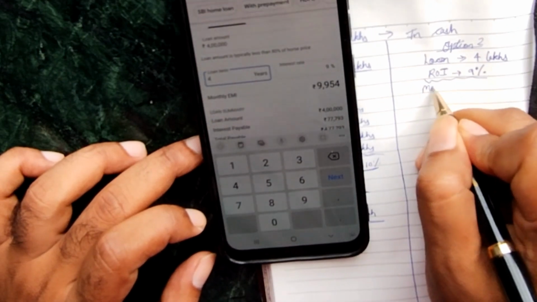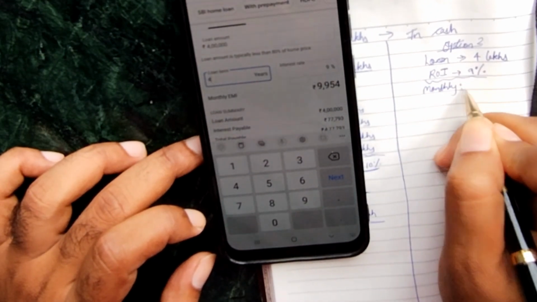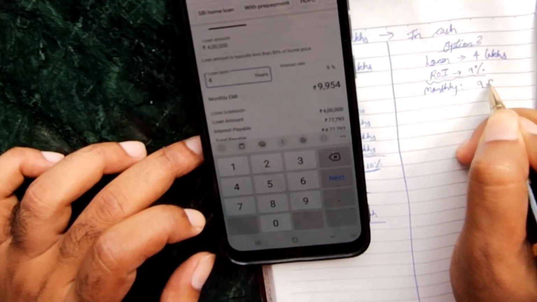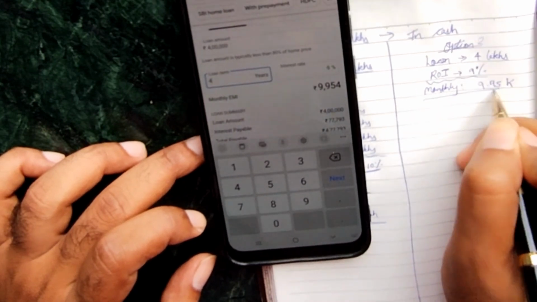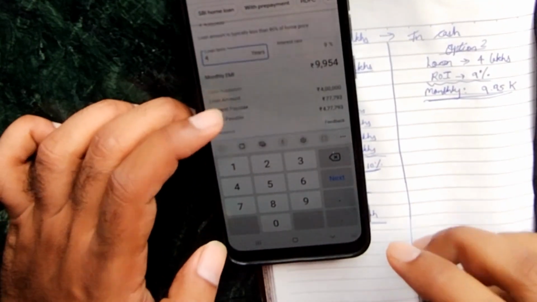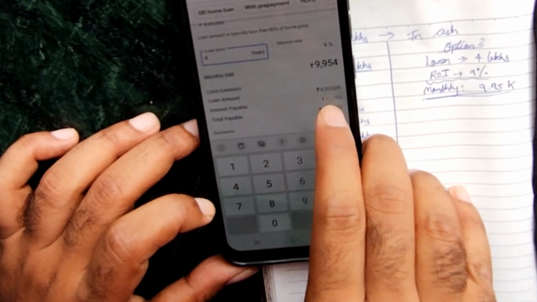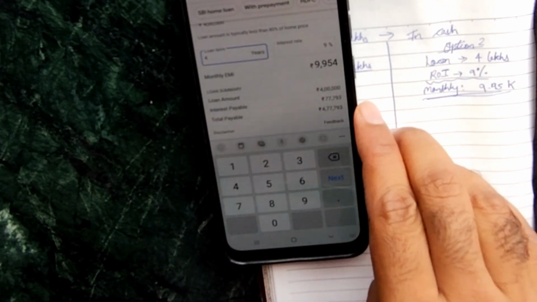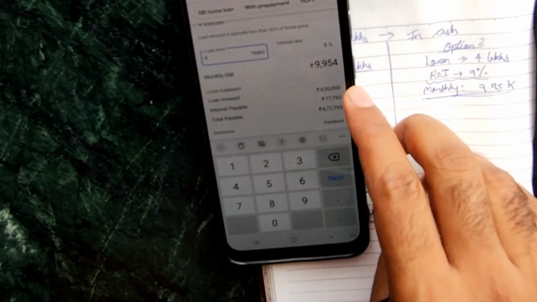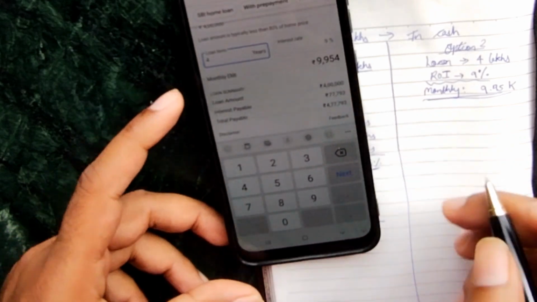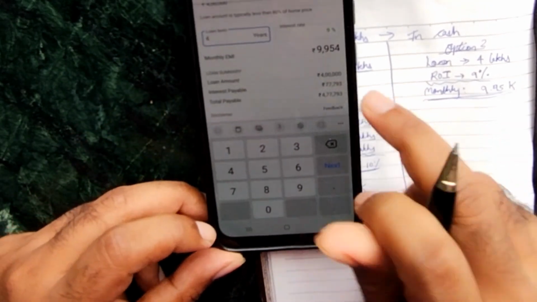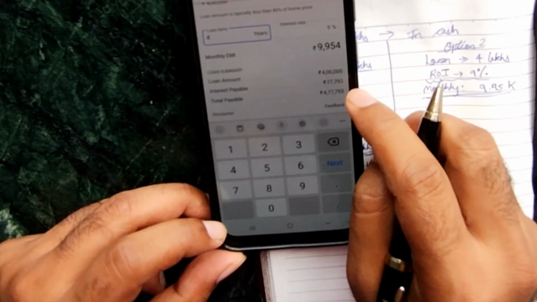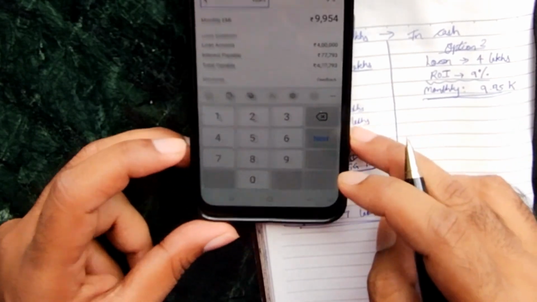So monthly he has to pay 9.95k, right? So overall in 4 years he would pay 77,793 as interest and his principal is 4 lakhs. So overall he'll pay 4.77 lakhs. So he'll pay an additional 77,000 as interest in the 4 year period.